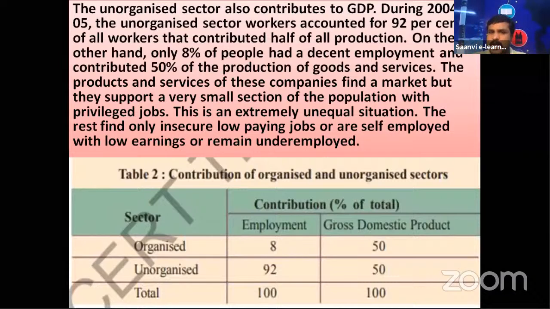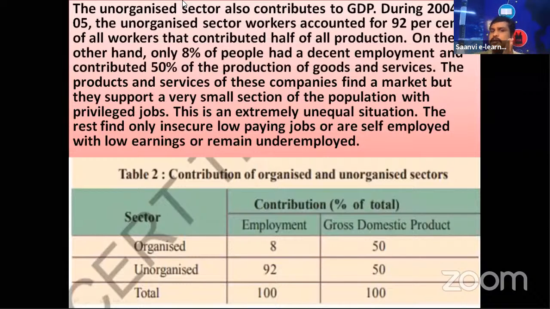They are getting very low income, or are self-employed with low earnings, and remain underemployed. You know the term, what is underemployment? Not part-time workers, especially underemployment. They are not in an organized sector. We can take Rajeshwari as an example of an underemployed person.